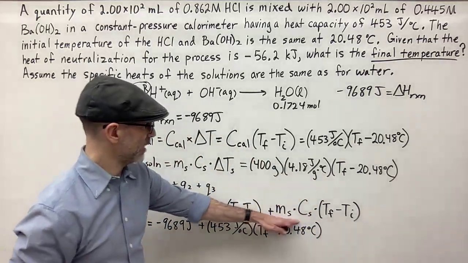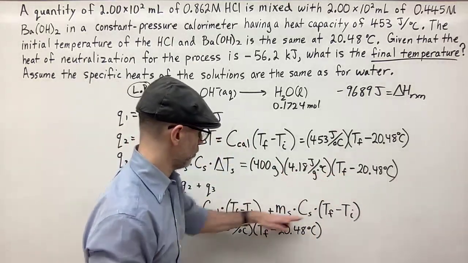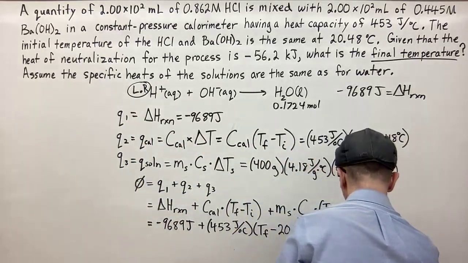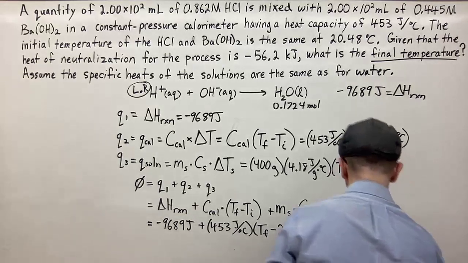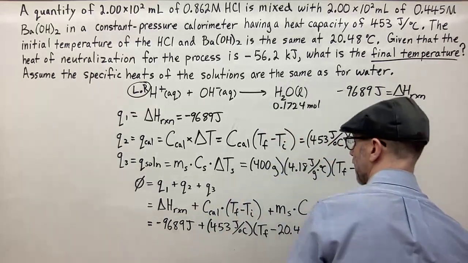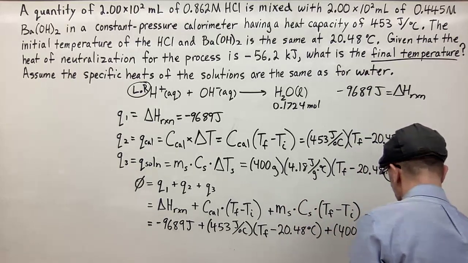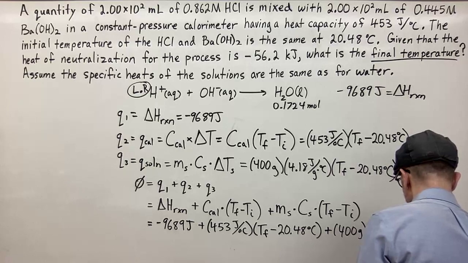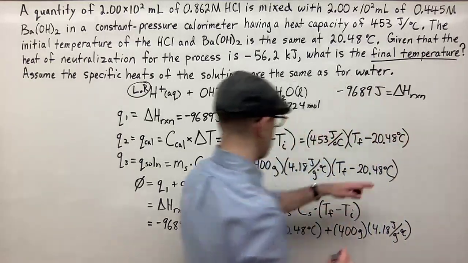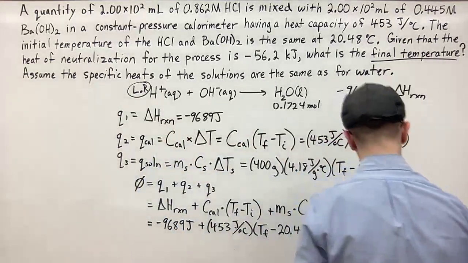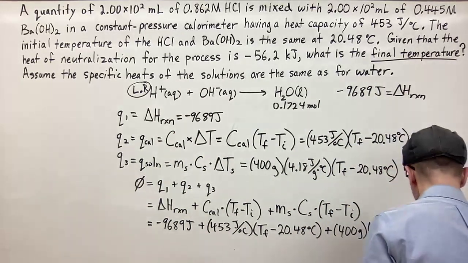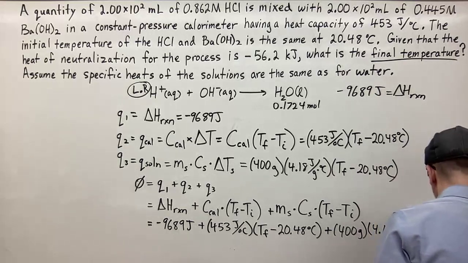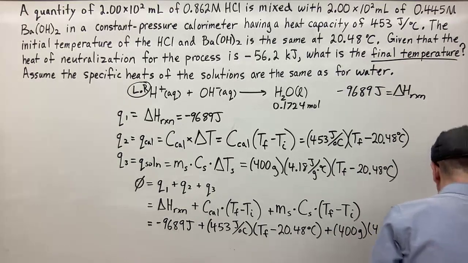And then I'm going to add plus 400 grams multiplied by the specific heat of water, 4.18 joules per gram degrees Celsius, multiplied by the temperature change, which is, again, TF minus 20.48 degrees Celsius.